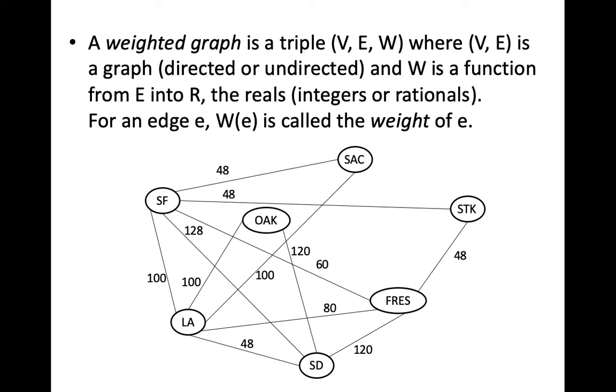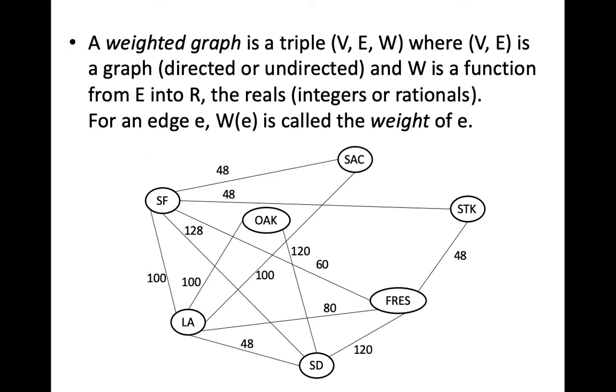A weighted graph could be a weighted undirected graph or a weighted directed graph. A weighted graph is a triple (V, E, W), where (V, E) is a graph, directed or undirected, and W is a function from the set of edges into R, the set of reals. Could be integers, could be rationals.